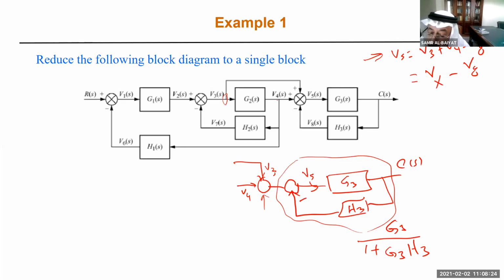When Abdurrahman proposed the outer loop, I said there is a problem here. Let me resolve this issue. We said V5 equals V3 plus V4. So let me now change this one and make it in this shape, in this place. This is G2, the signal in here.